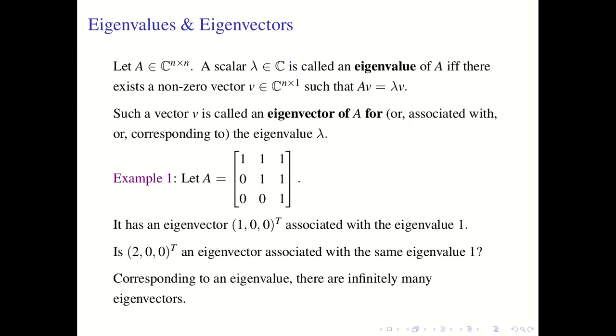Do you see that alpha V will also be an eigenvector corresponding to the eigenvalue lambda? That means corresponding to an eigenvalue we can have infinitely many eigenvectors. If you find one of them, you can find infinitely many of them.